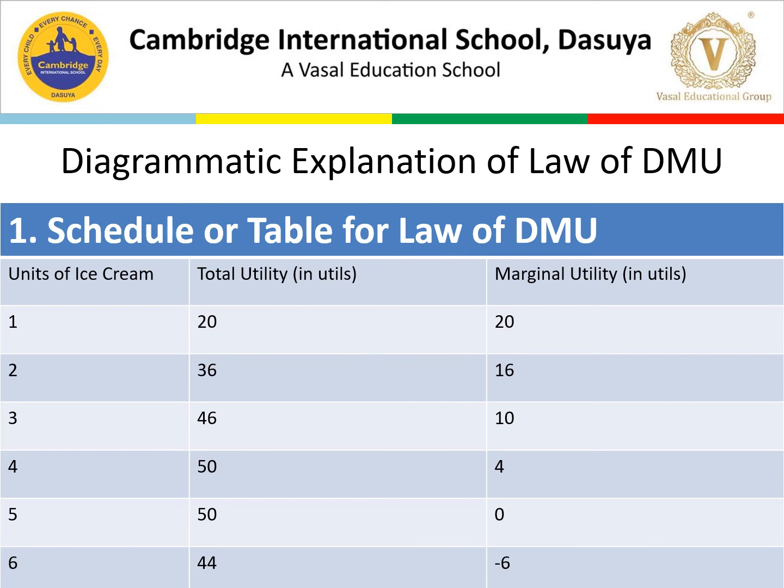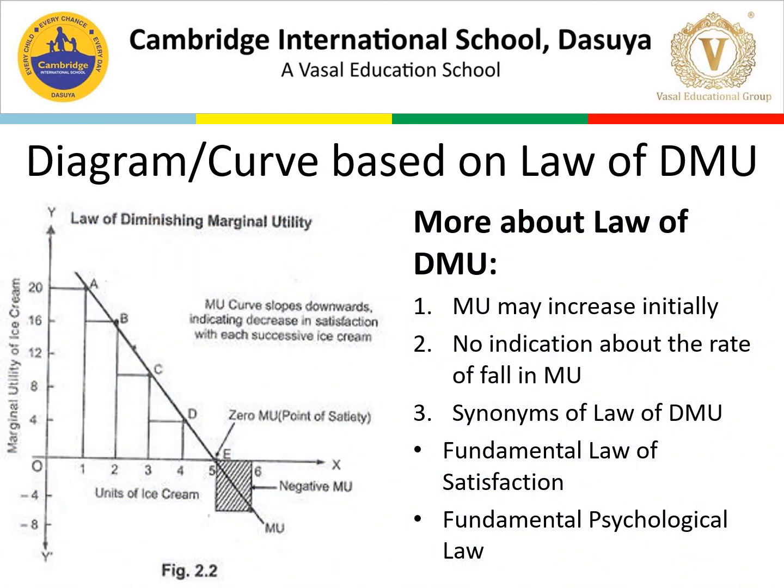Now let's move to the schedule. We have to discuss the last part, that is the explanation on the basis of the curve. So as we consume more, the utility for the first unit of ice cream is 20 utils. Then it starts declining.